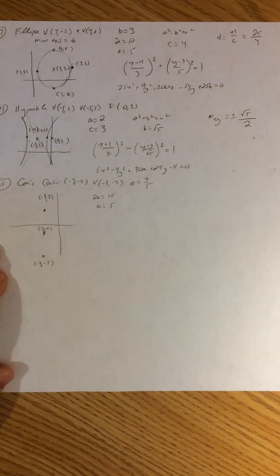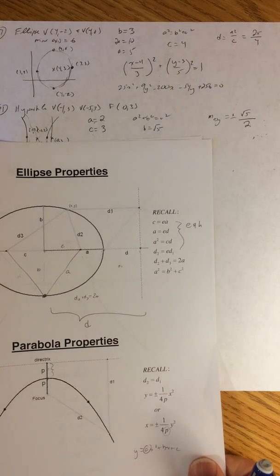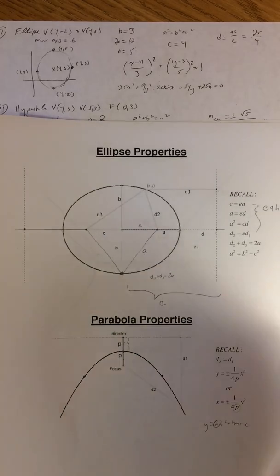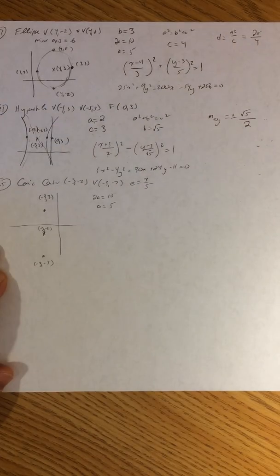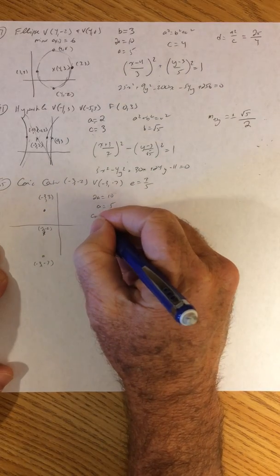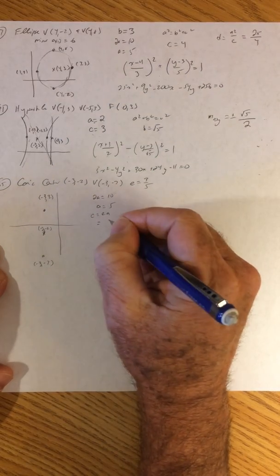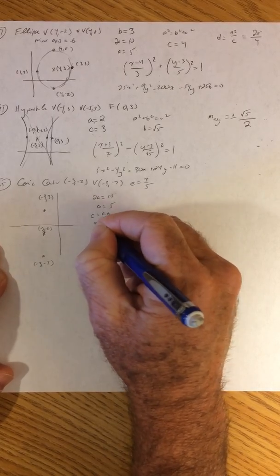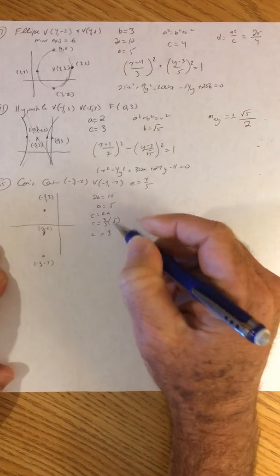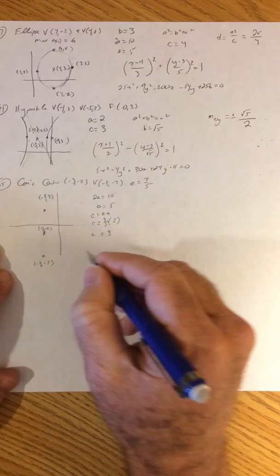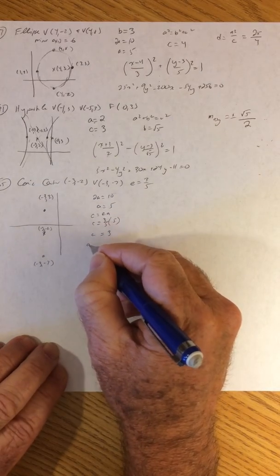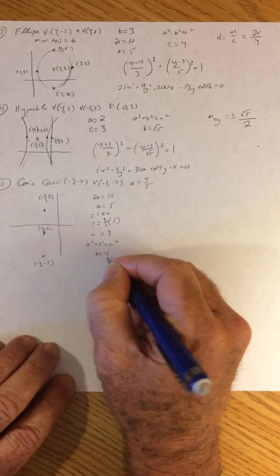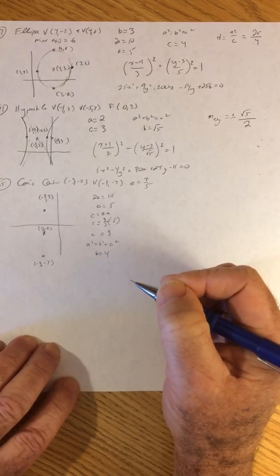Now on the ellipse properties sheet, one of the equations is C is equal to EA. We can take advantage of that. C is equal to EA, substituting values that we know to be here, 3/5 times 5, so C is equal to 3. And seeing how in the ellipse, a squared is equal to b squared plus c squared, b will be 4 from a simple 3, 4, 5 relationship.